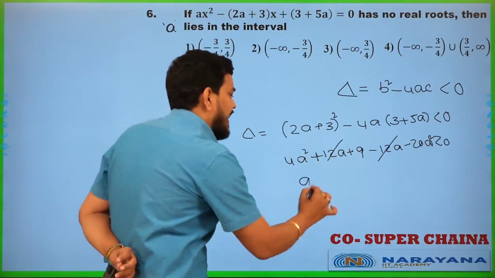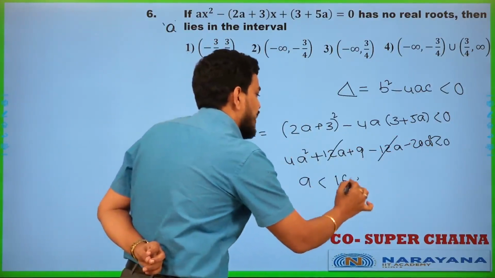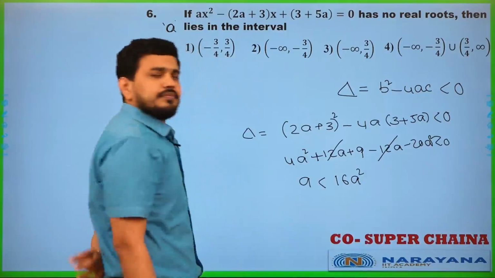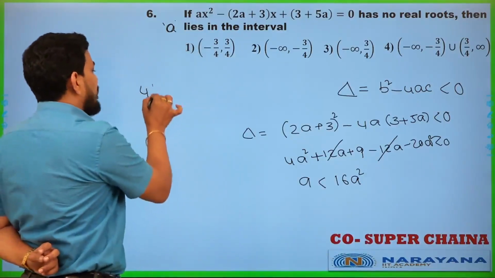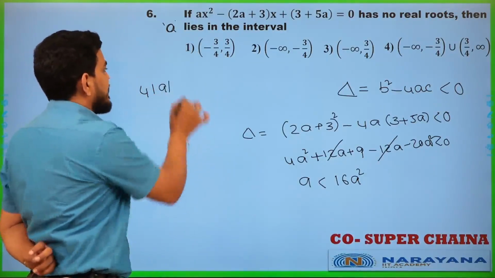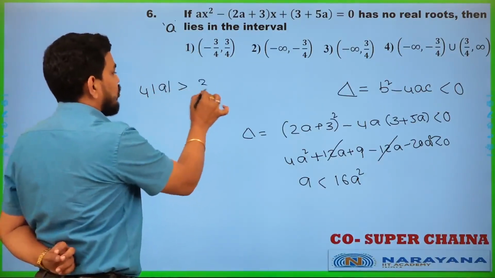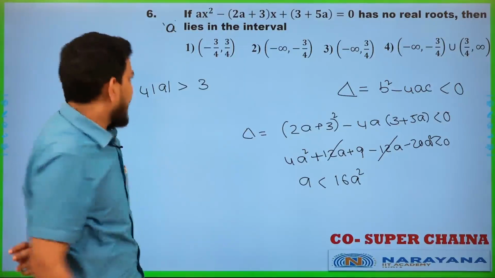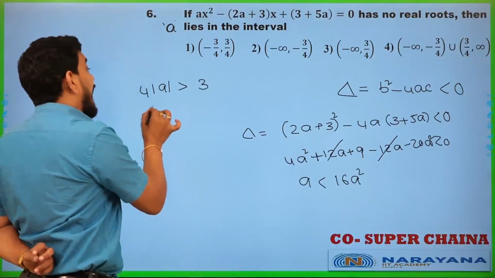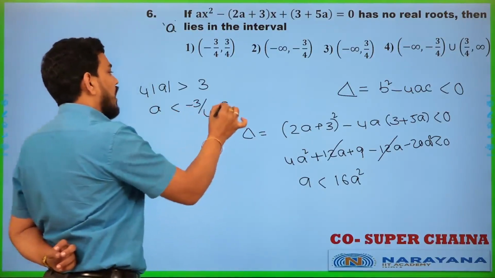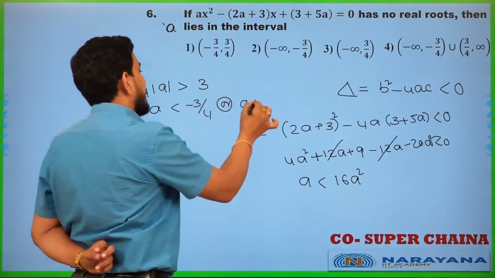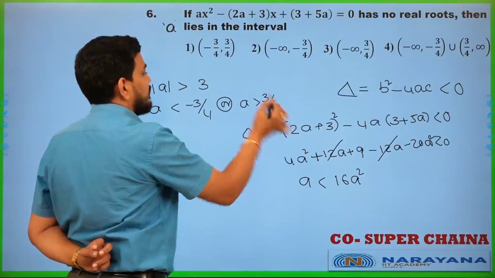So, 9 is less than 16a square. Okay. So, 4 mod a is greater than 3. That means either a is less than minus 3 by 4 or a is greater than 3 by 4.